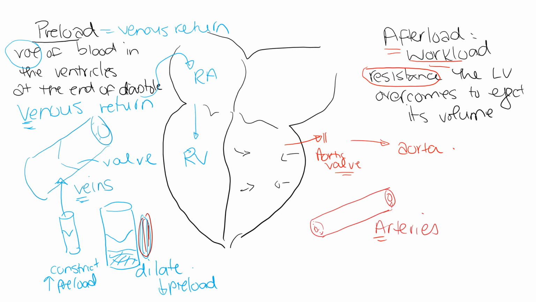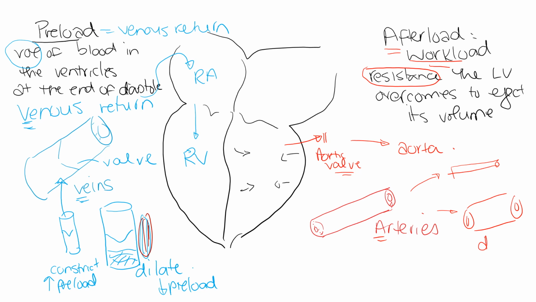So sometimes we can see changes in these arteries or arterioles, and similarly to our veins, we can see arteries that are vasoconstricted, so really narrow, tiny vessels, and we can also see arteries that might end up being a bit vasodilated.